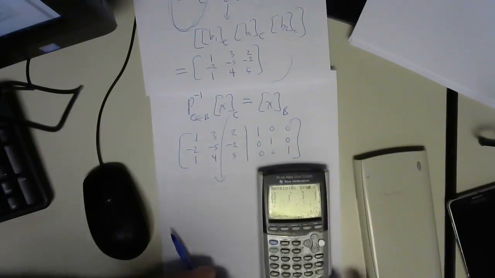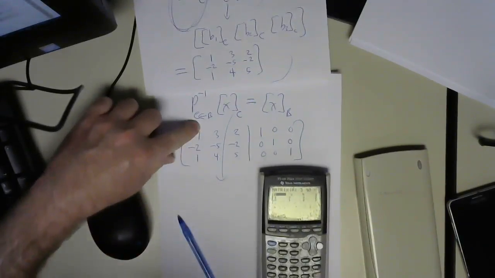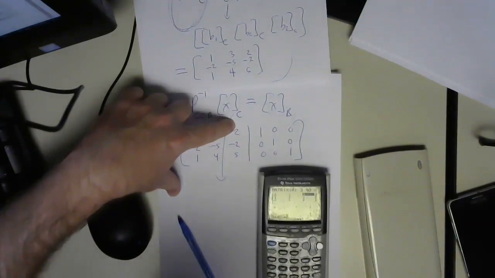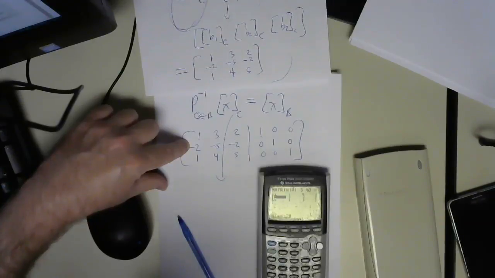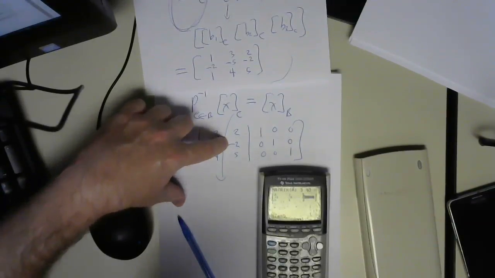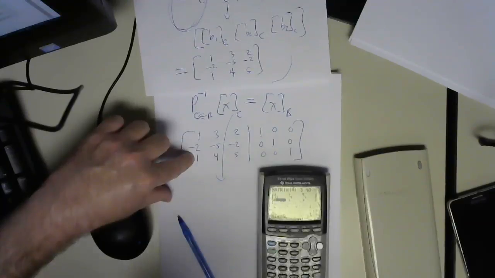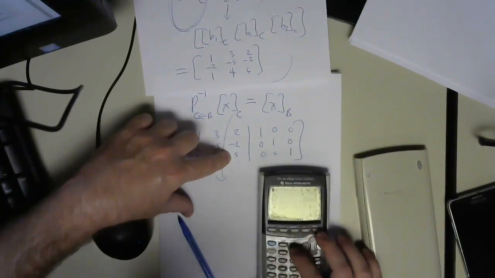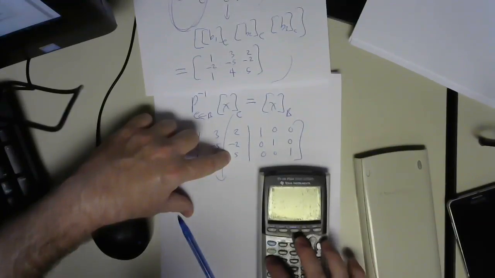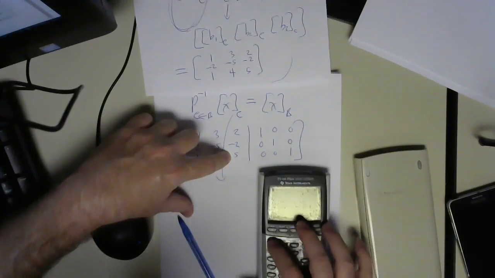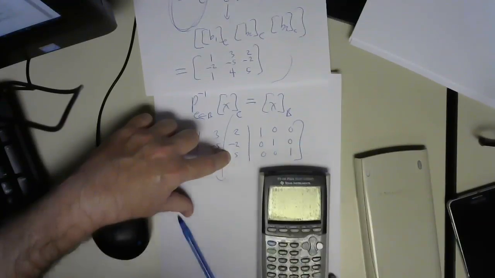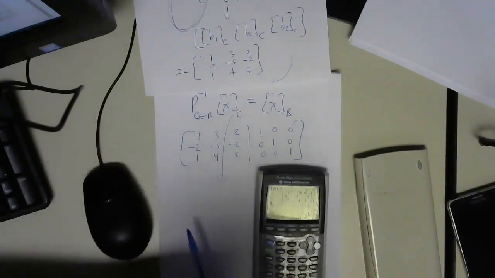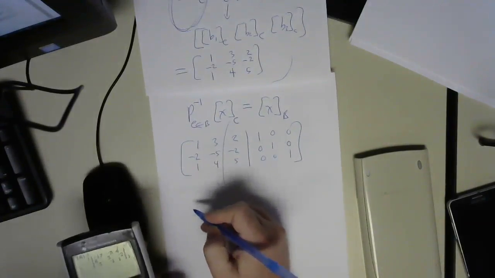I'll enter a 3x3 matrix, which will be this. Then we'll escape, and then we'll go back to matrix, choose A, and if you raise A to the -1 power, it'll give you the inverse. So let's see what it is. It's telling me the inverse is this.